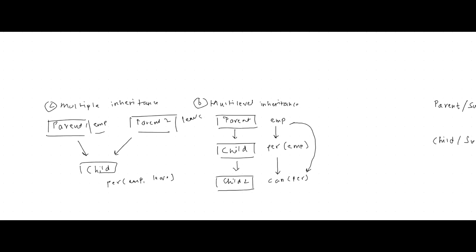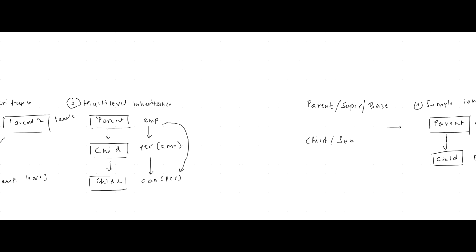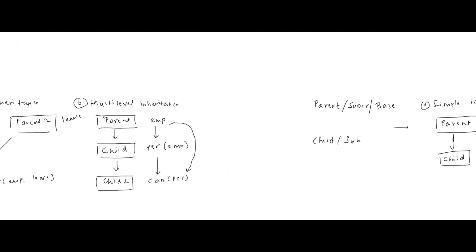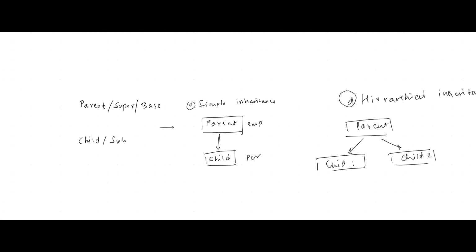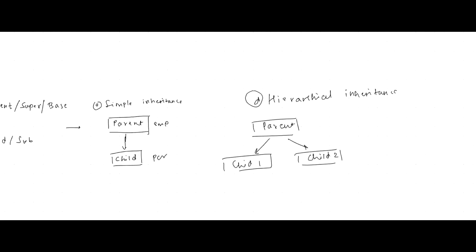If you have it at different levels like this, you still have access to both parents at different levels. If you have one parent, then both child classes will have access to their parent class data members and functions. All right. If you want to make a note, I'll give you 1 minute if someone wants to make a note of this.